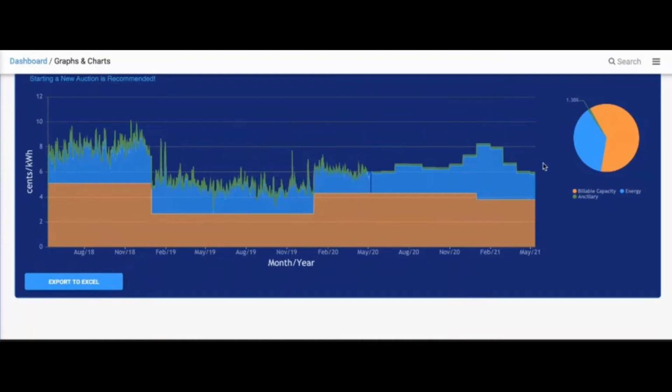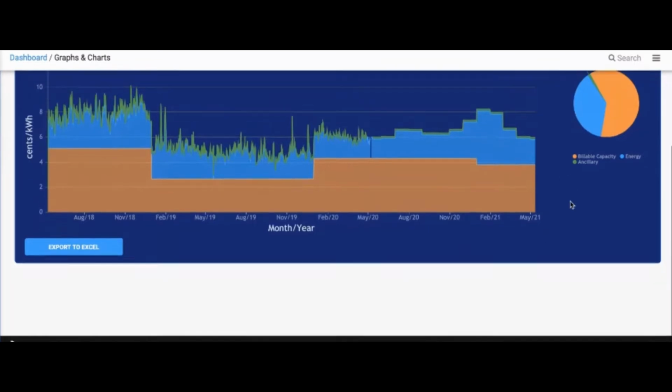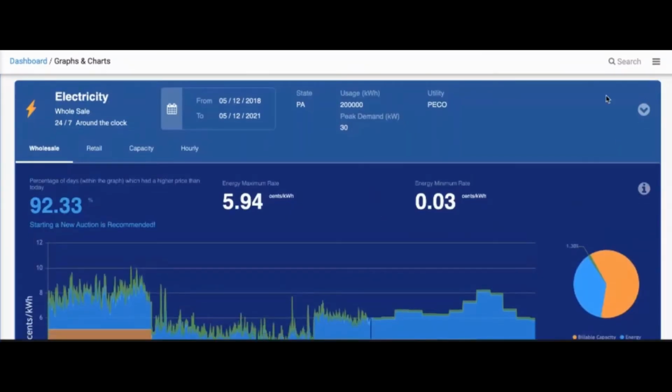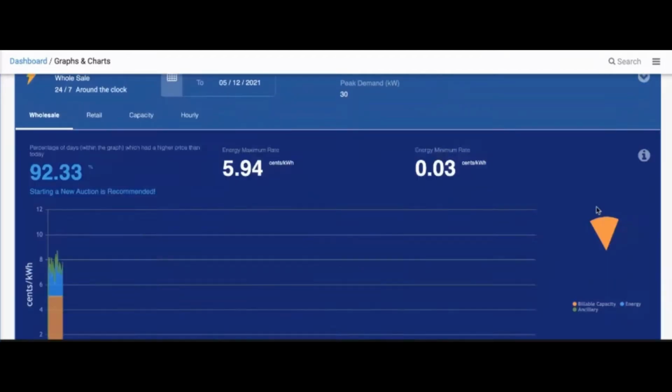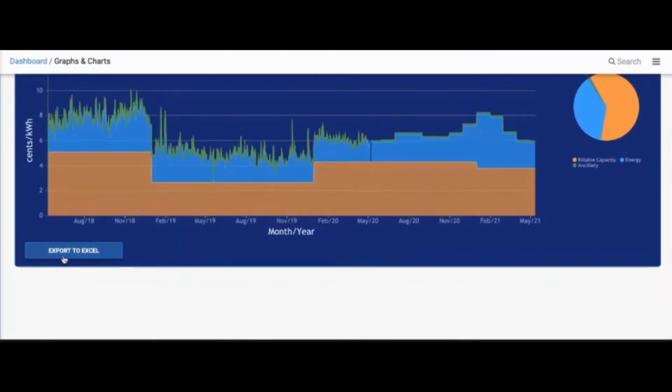So you can write down month by month the total supply without the adder. There's no adder included in this. It's pure supply. You can take this month by month and write it in Excel, or even easier than that, you can export this file and have all the data in Excel.